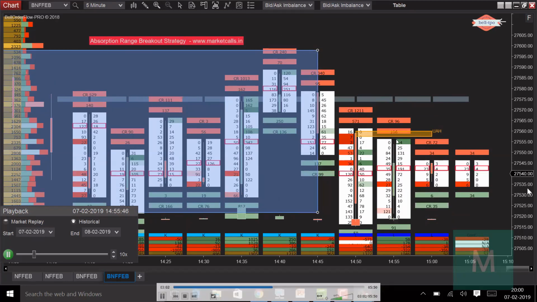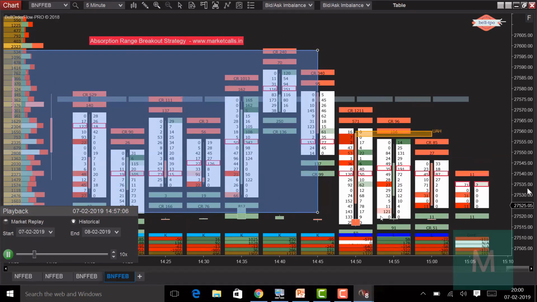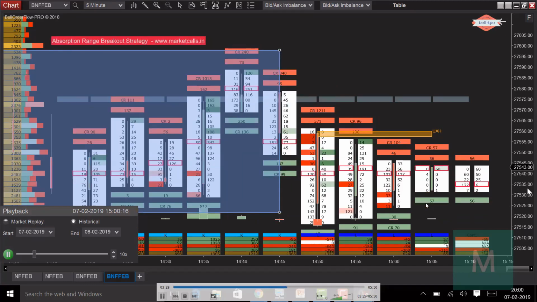Then you can see that again the volumes are relatively thinned out at the edges. If you look at the lows here, it was 132, 121. One of the examples we saw in yesterday's trading room: the volumes are getting thinned out at the day's low, which has only 25 volumes, 121 lots, 111.